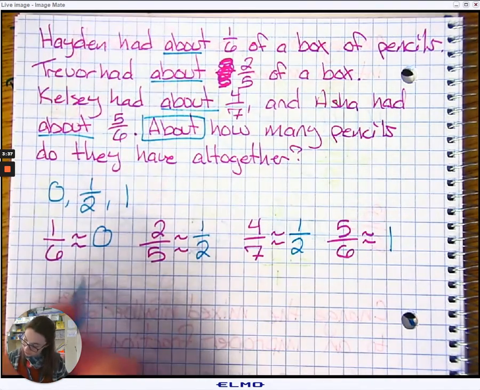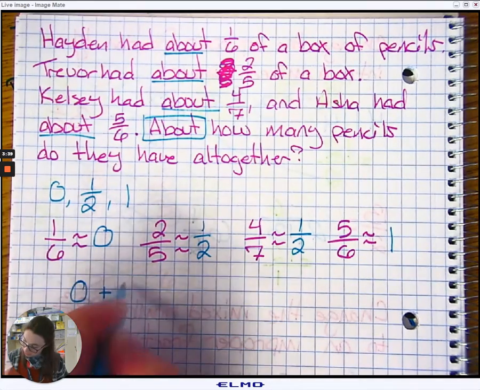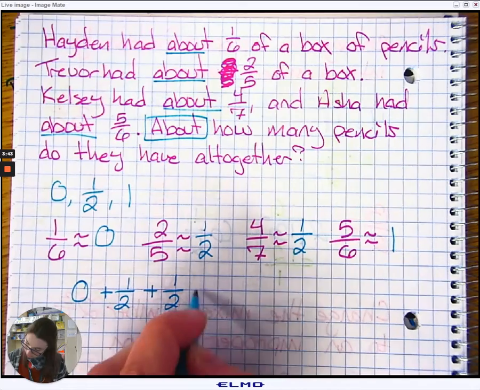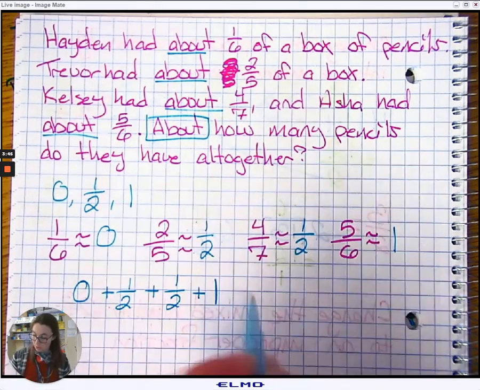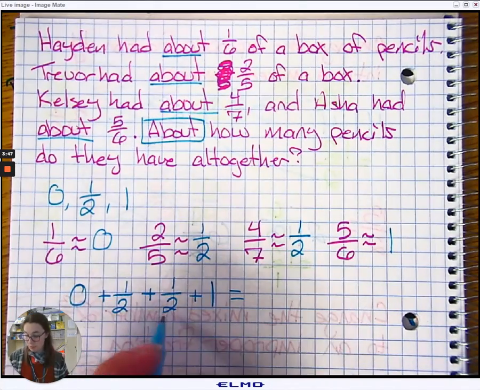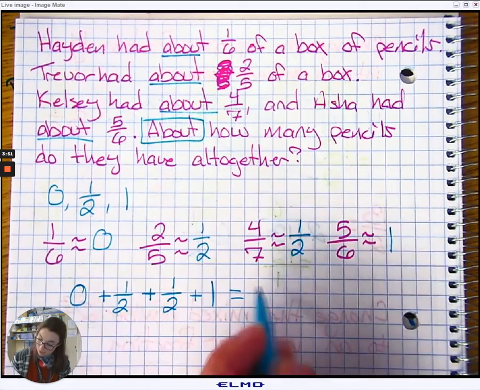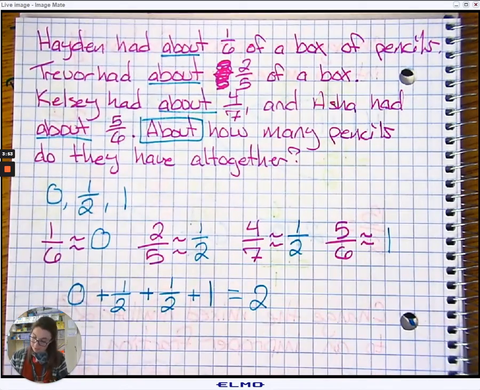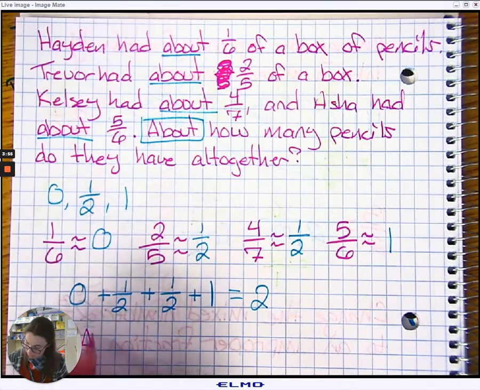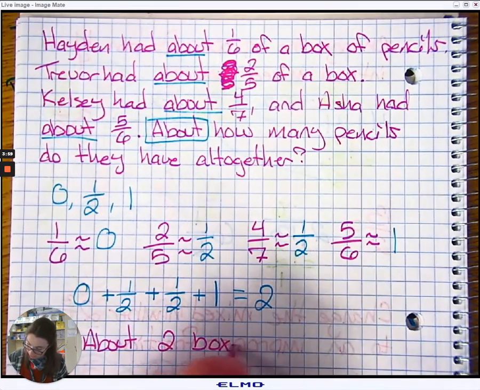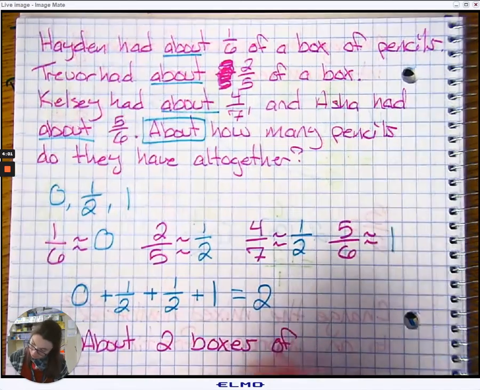I have 0 plus 1/2 plus 1/2 plus 1, which equals, 1/2 plus 1/2 is 1, plus 1 other whole plus 0 is 2. So they have about 2 boxes of pencils.